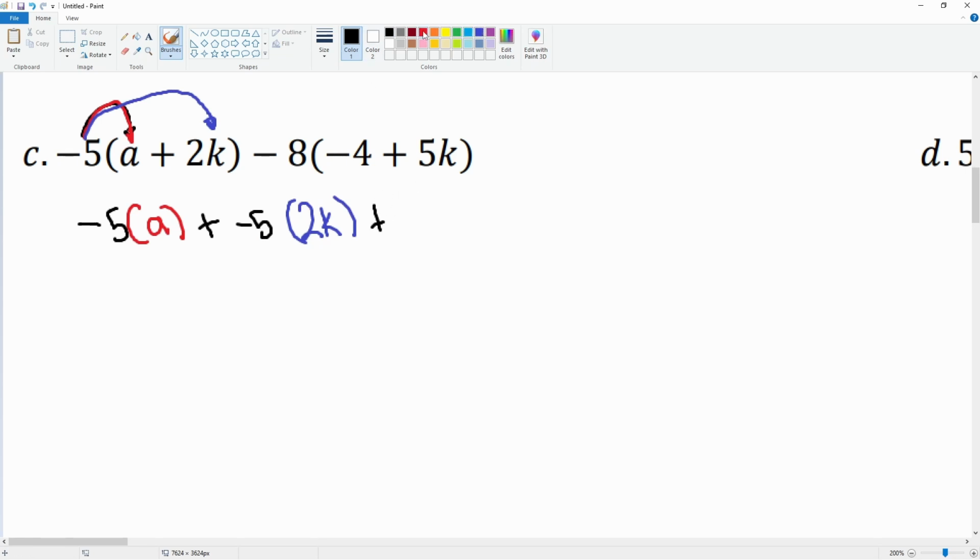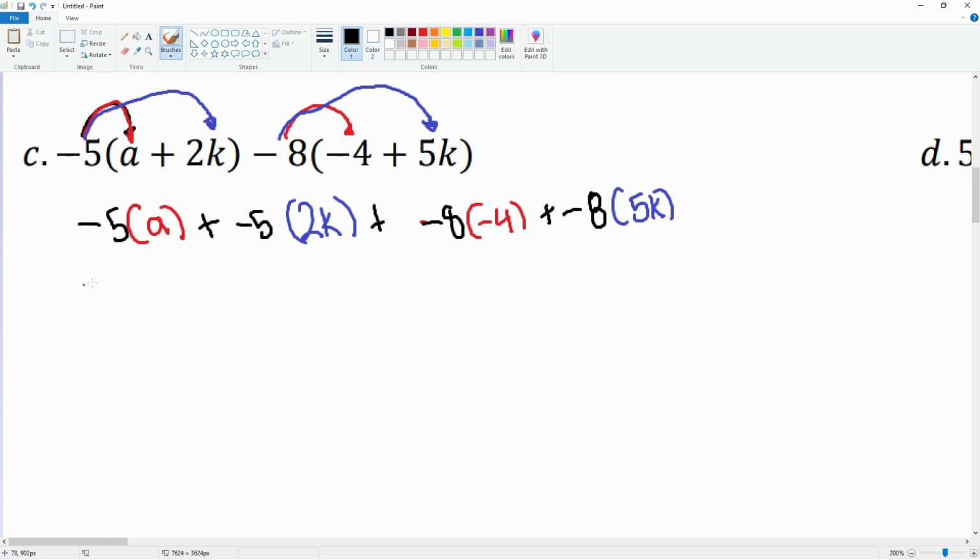That -8 is going to be multiplied to that -4. So here's your -4. Here's your -8. Okay, and then you have your -8 times 5k. So you have your plus here. Then your -8 is going to be multiplied into the 5k.